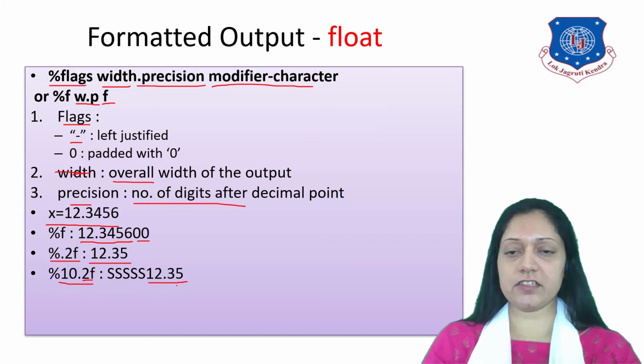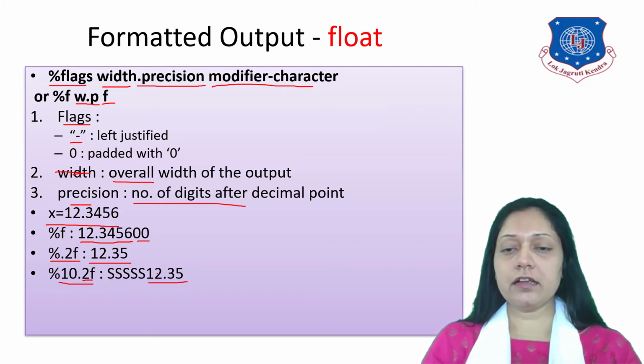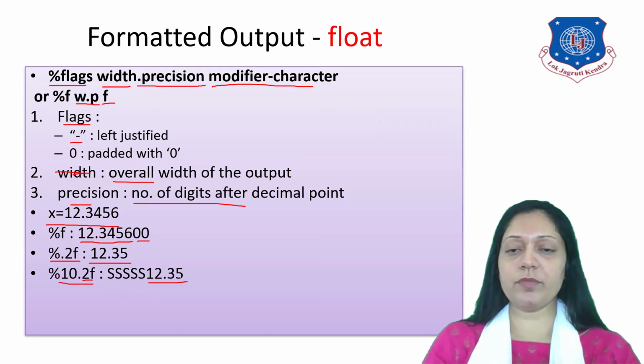By default it is right justified if no flag is mentioned. Now 12.35 occupies how much space? Total 5 spaces: 1 for 1, 1 for 2, the dot also takes up 1 space, then 3 and 5. So a total of 5 spaces are already used. We have a total width of 10, so the extra space you will have is 5 more spaces. So 5 spaces, and then 12.35 would be displayed on the screen.